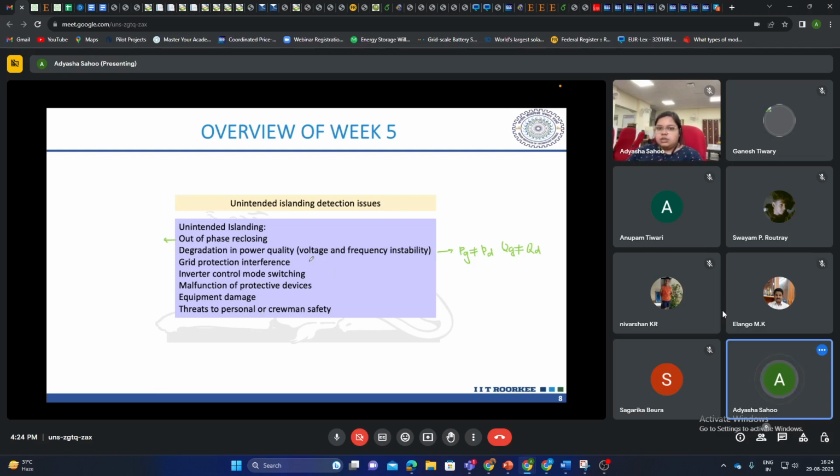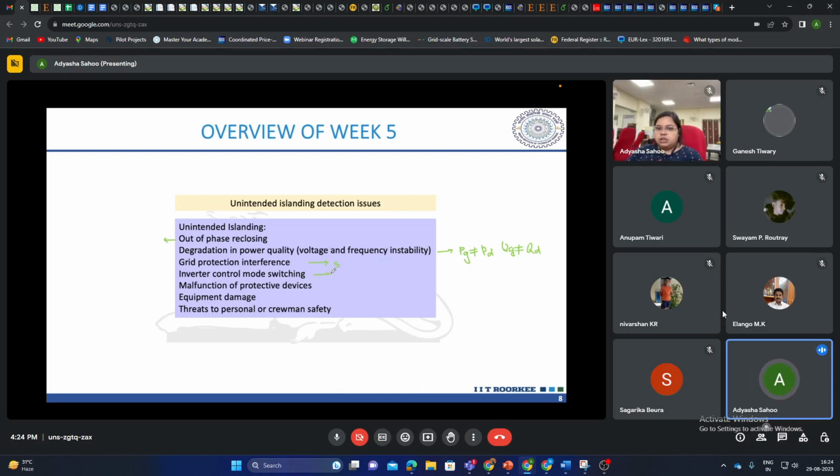Then obviously grid protection interference. The settings of the various power protection devices may not have considered these kinds of scenarios, and it may lead to their maloperations.